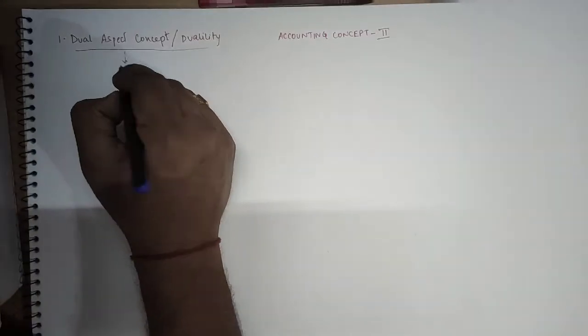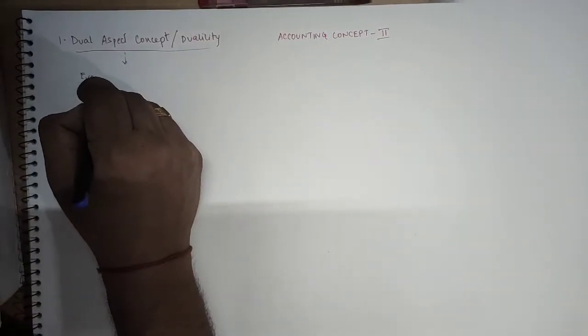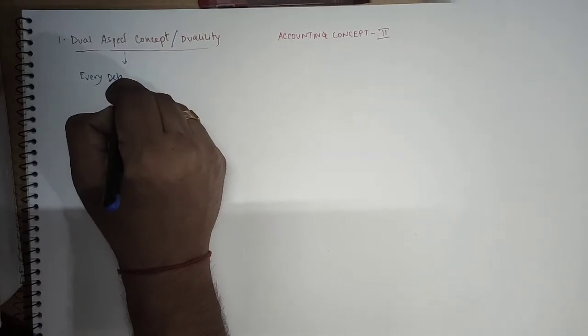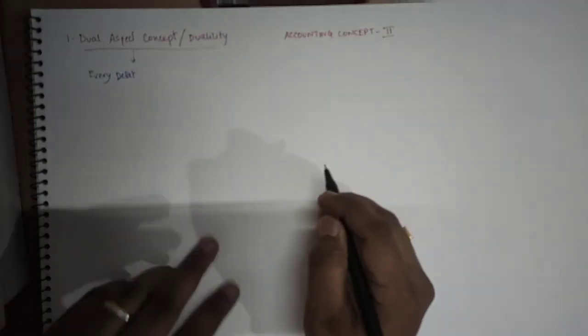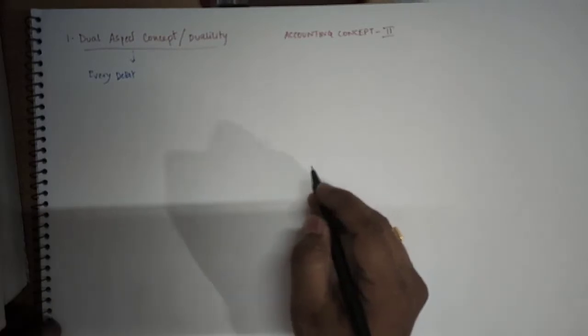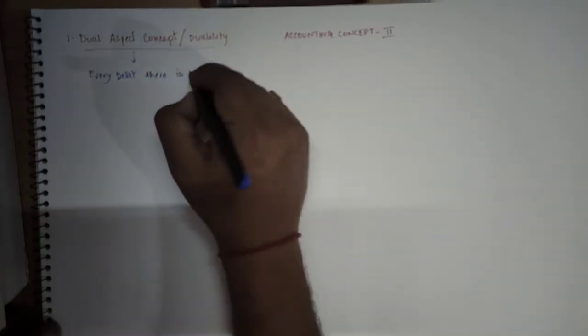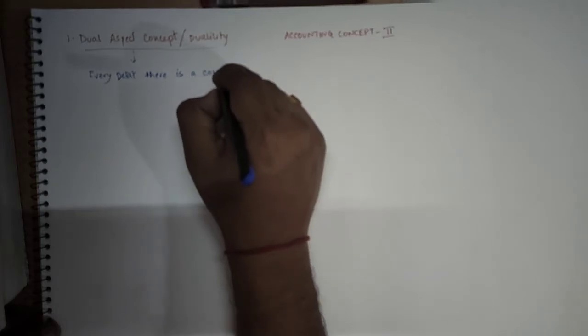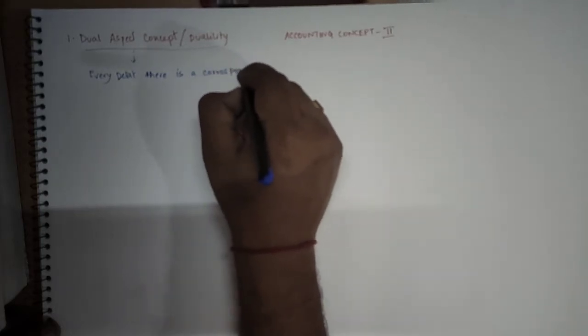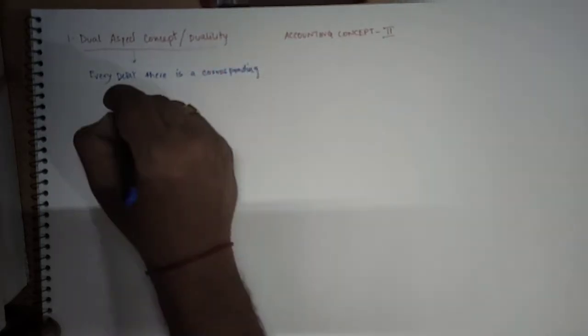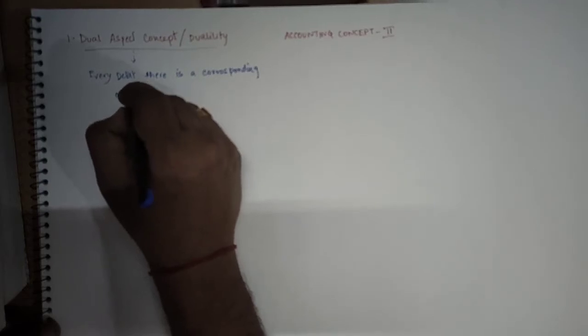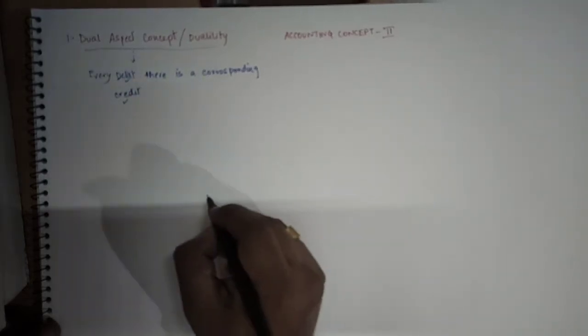This concept says that for every debit there is a corresponding credit. See, debit has a corresponding credit.